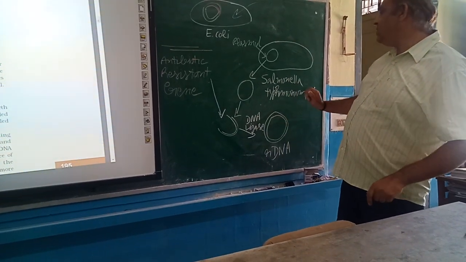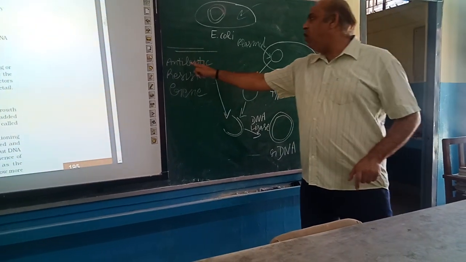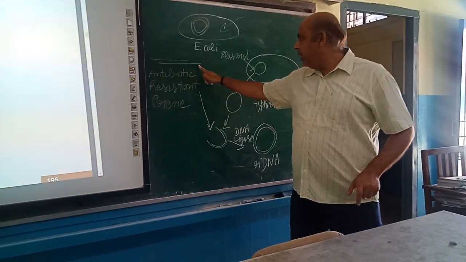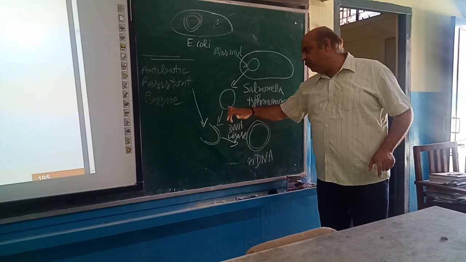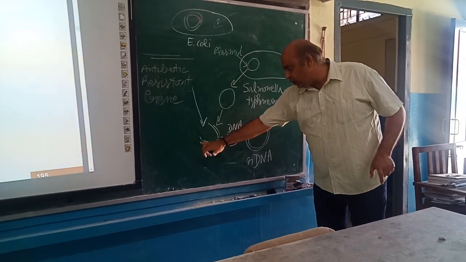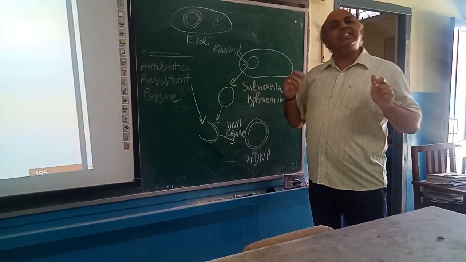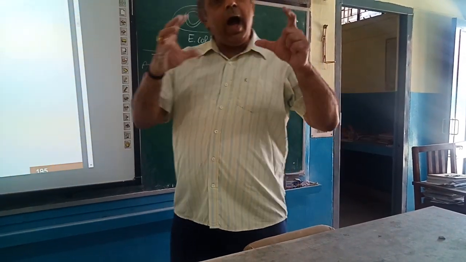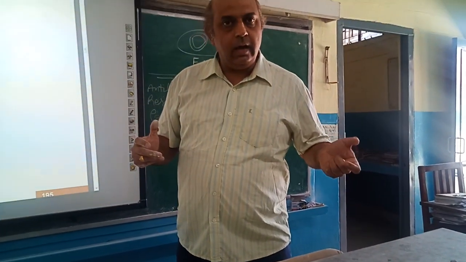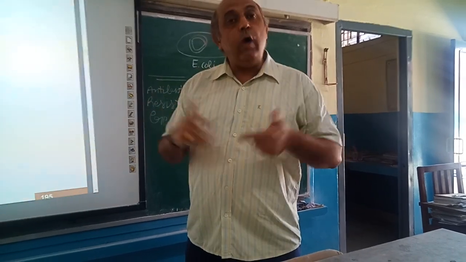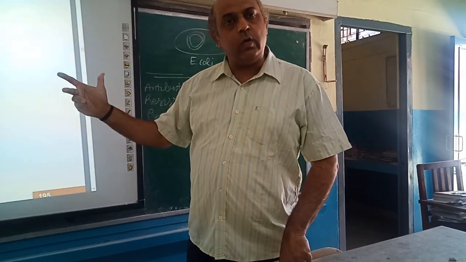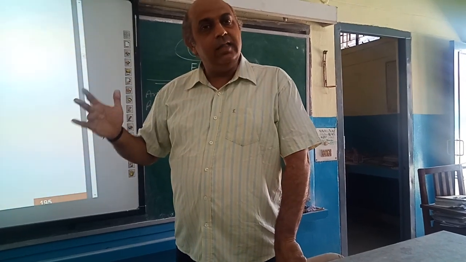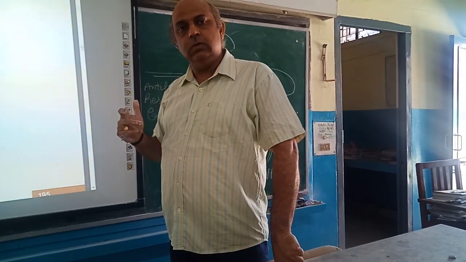Students, you can see the margin of the antibiotic resistant gene. Look here, and also the margins of the opened plasmid. Look here. These are called sticky ends. These are necessary to form a recombinant DNA. Why they are formed, how they are formed, that is a different story, and we will see that when we study the details of restriction enzymes.